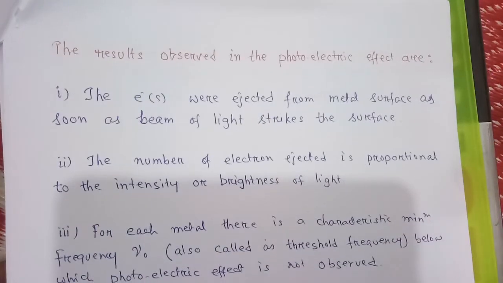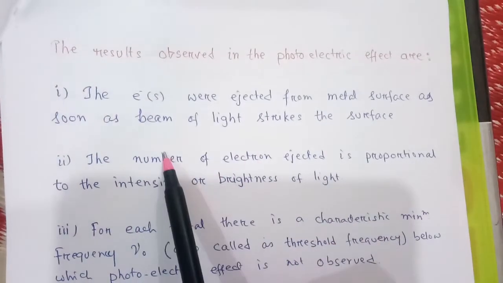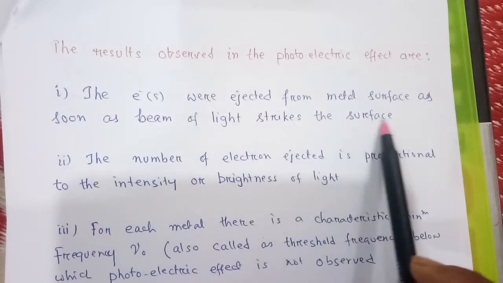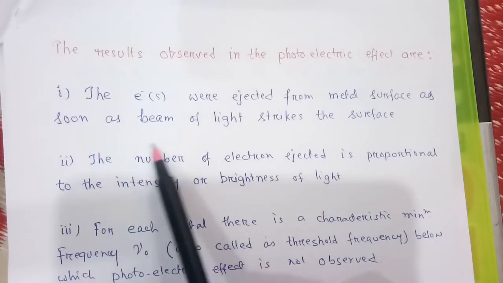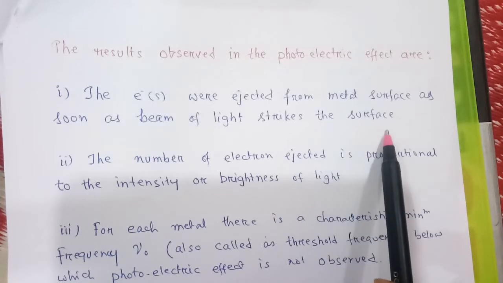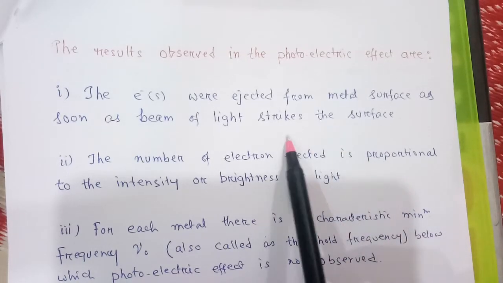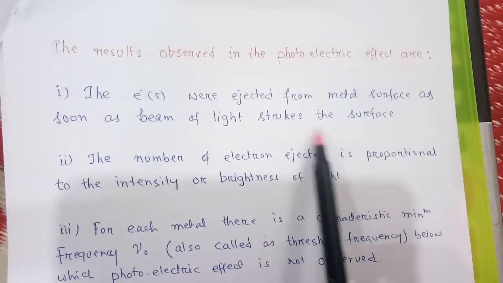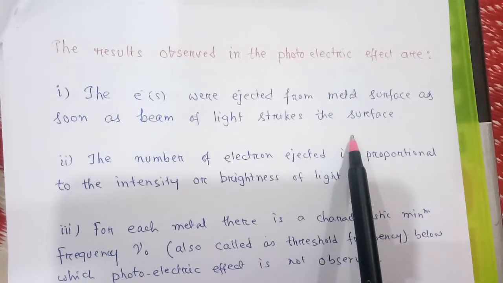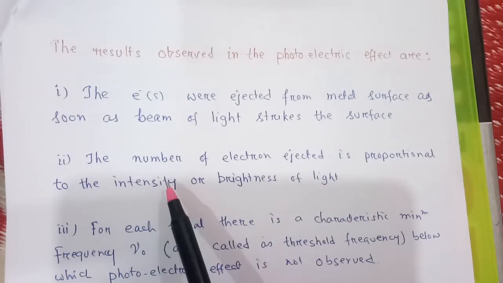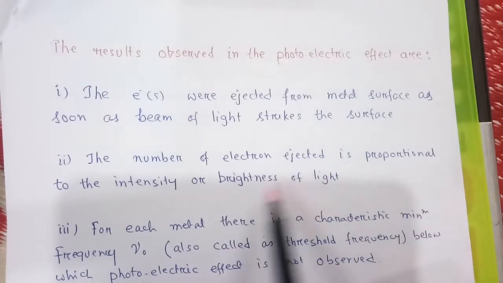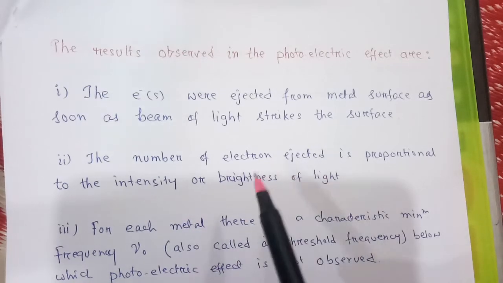Now, results of the photoelectric effect. Point 1, students: the electrons are ejected from the metal surface as soon as the beam of light strikes the surface, so there is no delay. The number of electrons ejected is proportional to the intensity or brightness of light.